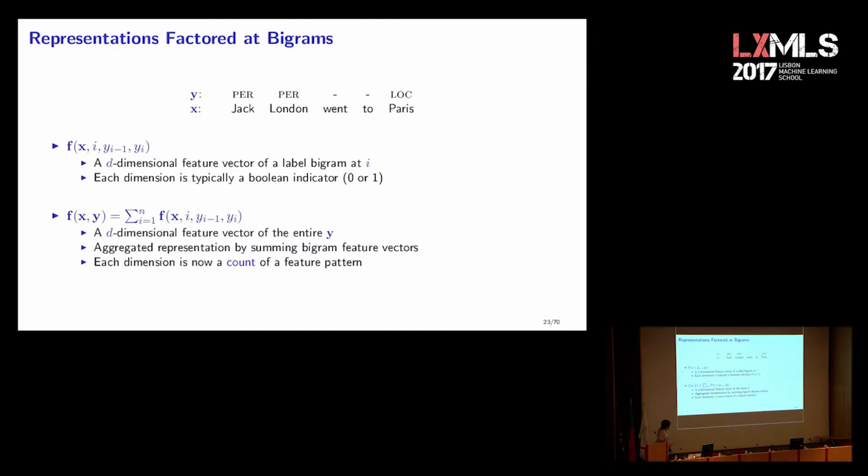So what does it mean? First, it means that they live in the same vector space. This feature space and this feature space are the same, except that here I extract indicators, and here I count how many indicators I have.